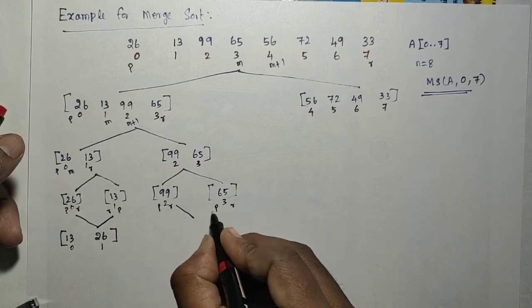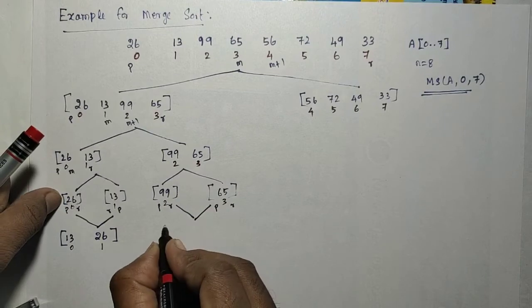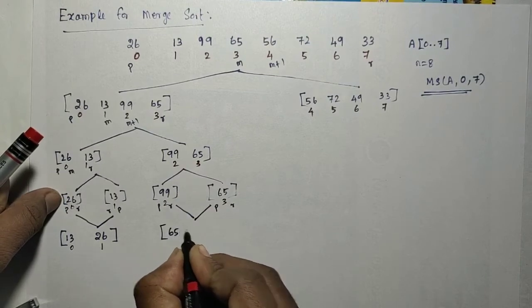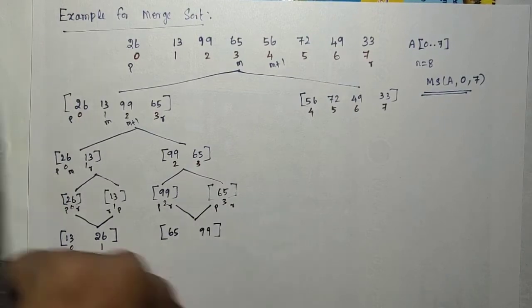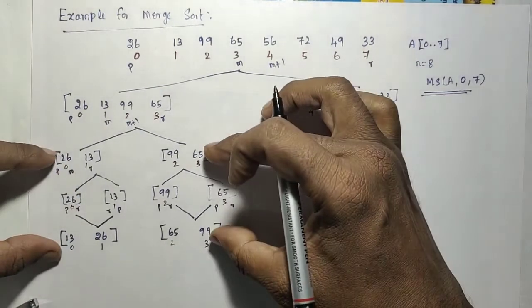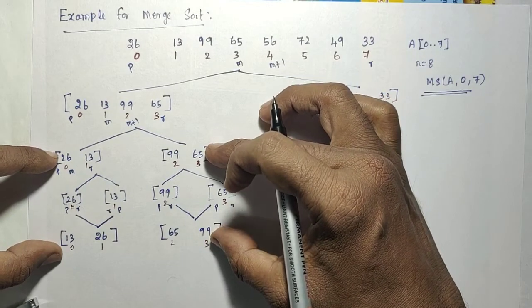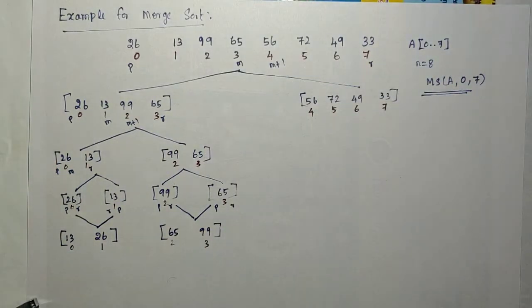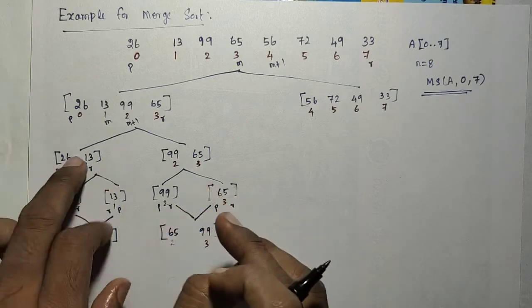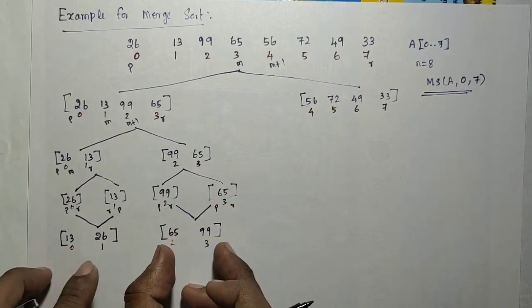Next I need to merge these two. After merging, what will happen? 26 and 13 will become 13 and 26, and 99 and 65 will become 65 and 99. So the first half is getting sorted like this, and the second half is getting sorted like this.